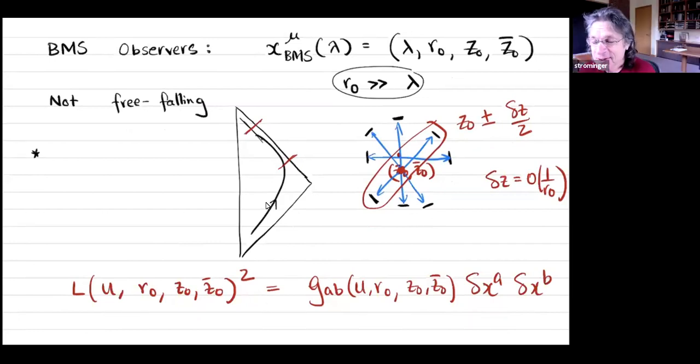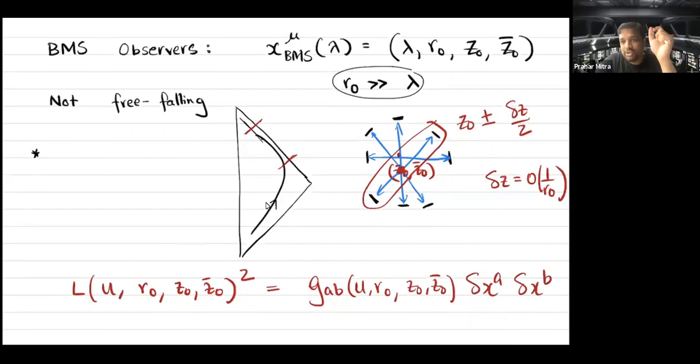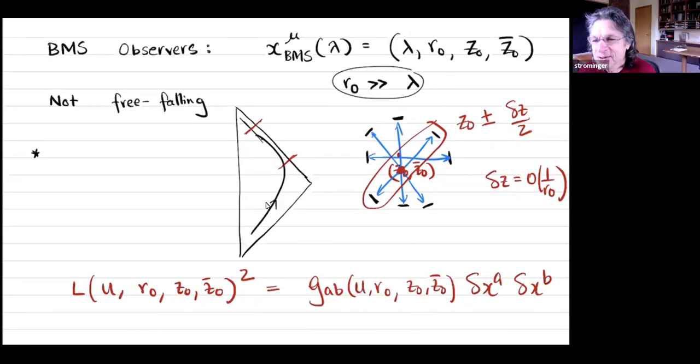And so the time delay that inertial observers will measure will be much more subleading, of order 1 over R naught squared. Exactly. But that's not true for BMS observers, which are very different from inertial observers, right? If we had BMS observers, measuring the memory would be easier than measuring the wave, right? Yes, absolutely.